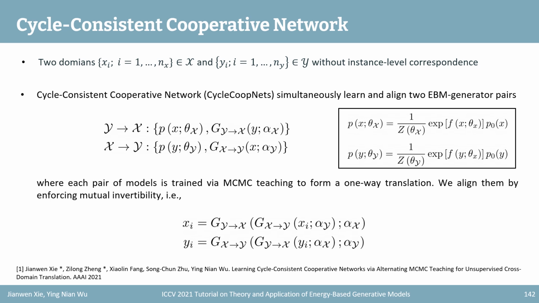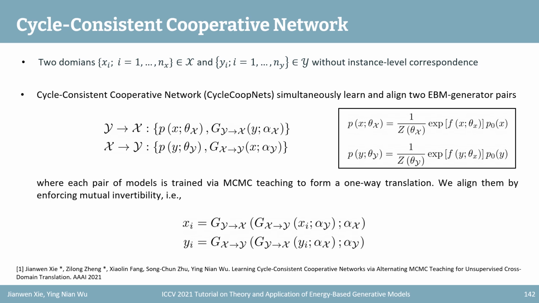Now, we will introduce an energy-based framework, which is the cycle-consistent cooperative network for unsupervised image-to-image translation. Suppose we have two image collections from domains X and Y, respectively. The examples of these two sets are unpaired.